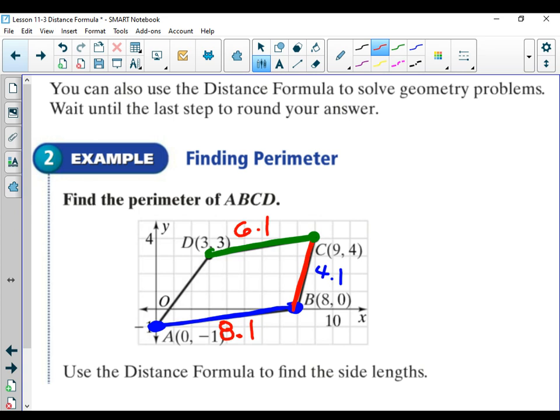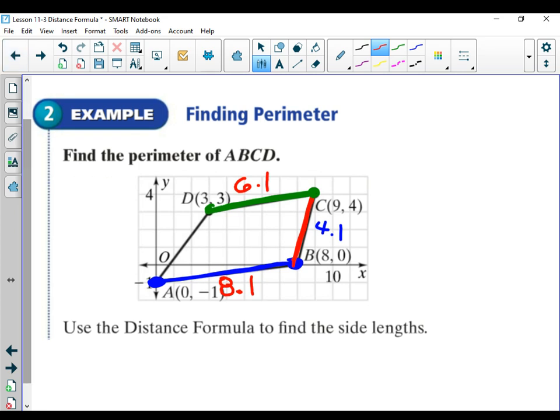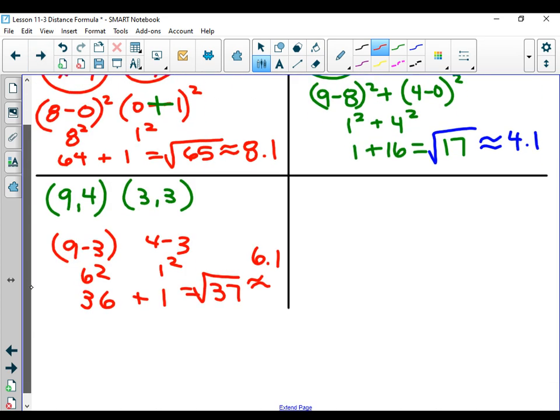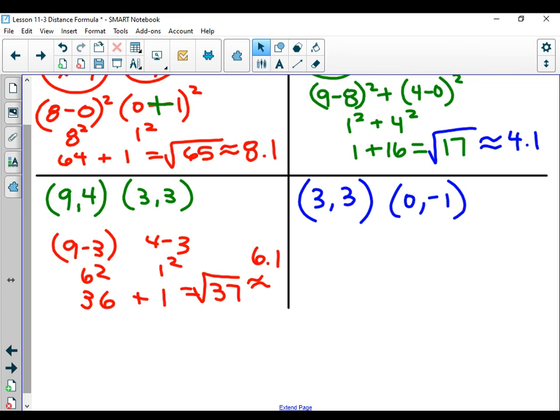Last one, D back to A. So I should be using 3, 3, and 0, -1. And then you add them up again.